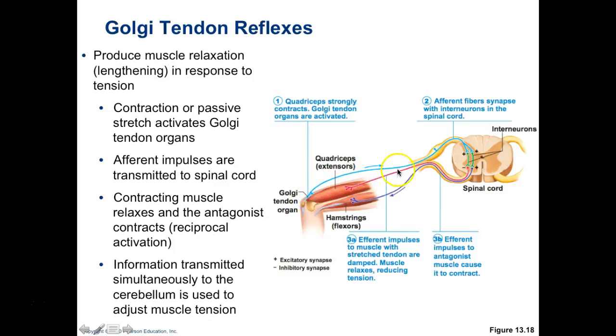And so that information is moving along a sensory neuron into our spinal cord and synapses with interneurons. So this is always going to be a polysynaptic type of reflex. Then we move through an alpha motor neuron to our quadricep muscle, and that is going to cause the muscle to relax, whereas the other alpha motor neuron going to our hamstring is going to cause the muscle to contract.